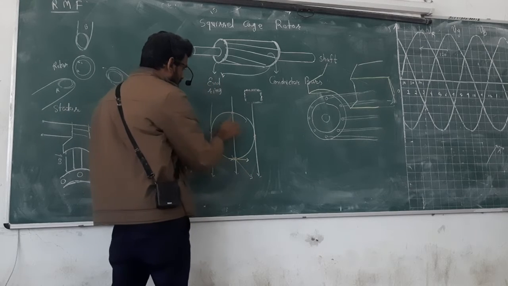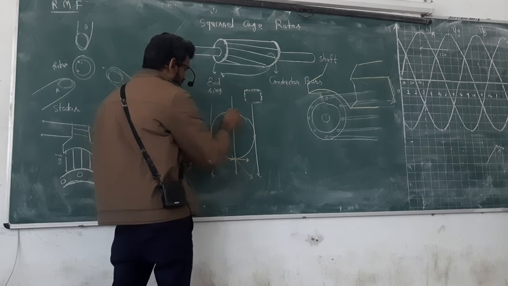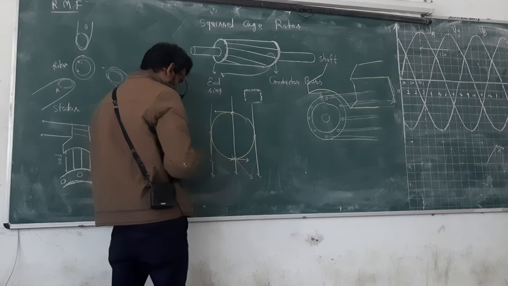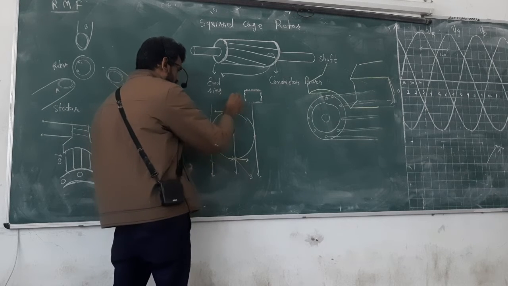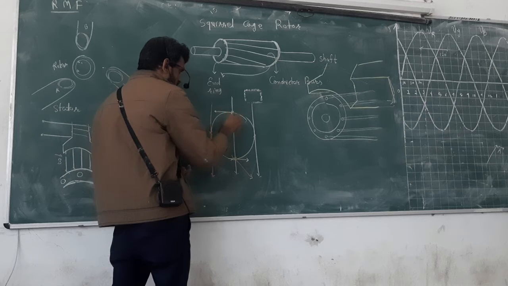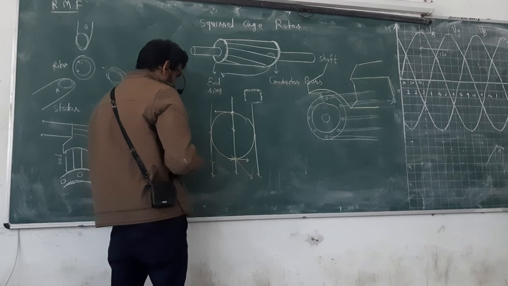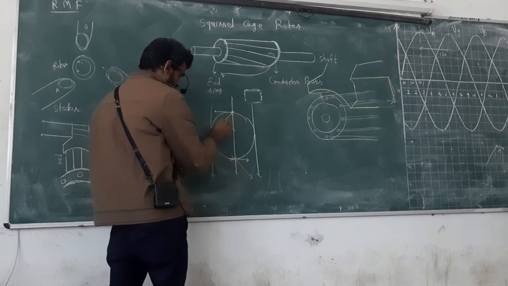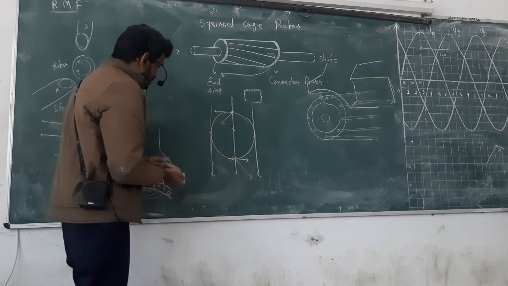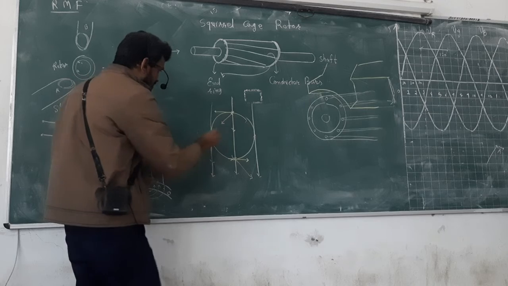Okay. What happened here? The yellow vector is in this direction, tangent, and the white vector was already in this direction. So I can extend it like this. So my resultant will be here. So see, you have to join this line like this.